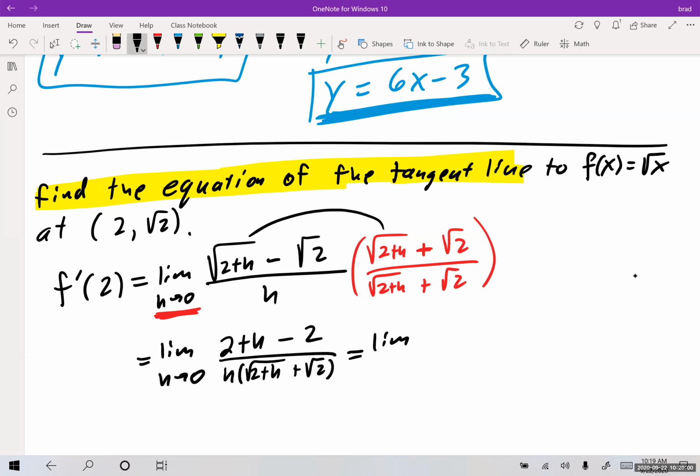So that would then become the limit as h approaches 0 of h over h times (square root of 2 plus h plus square root of 2).